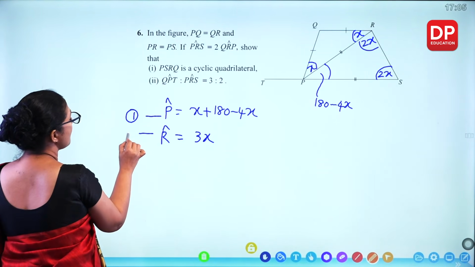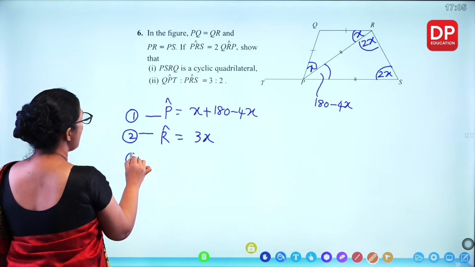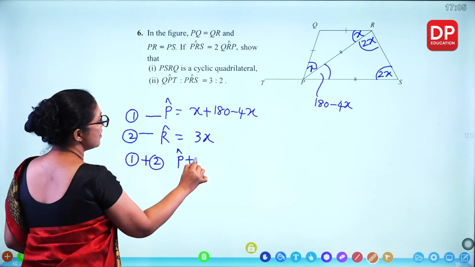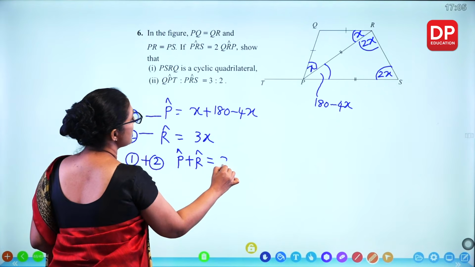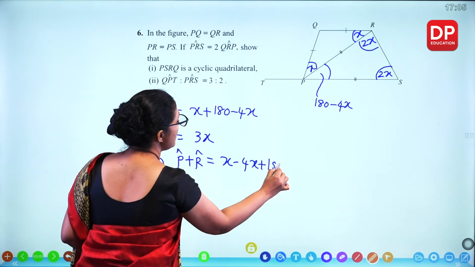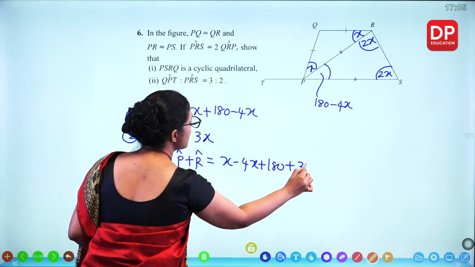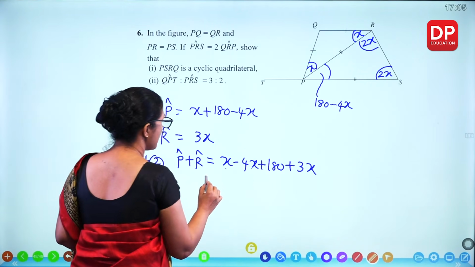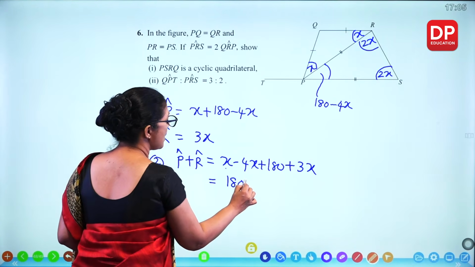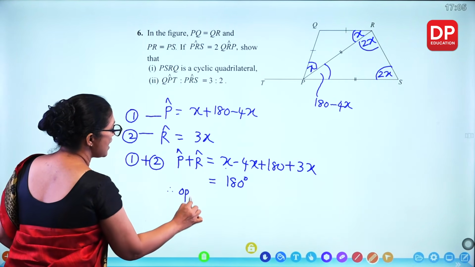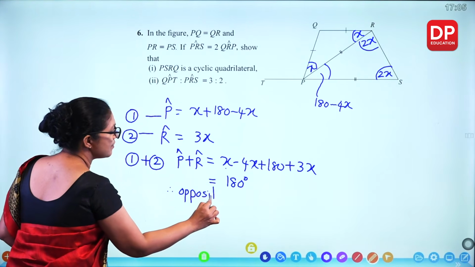P and R equals x minus 4x plus 180 plus 3x. X minus 4x plus 3x cancel out. You get 180. So that means opposite angles are supplementary.